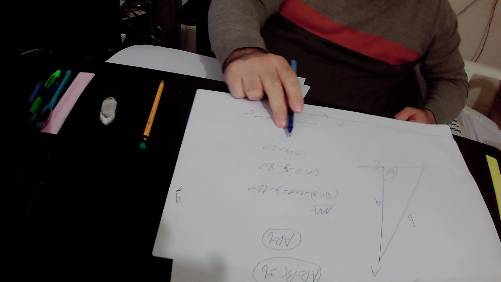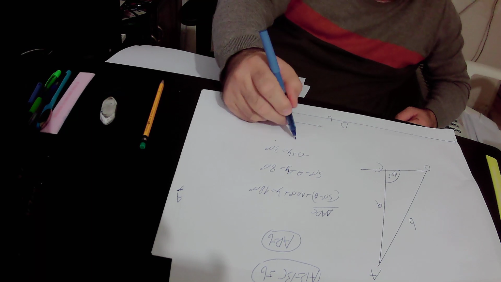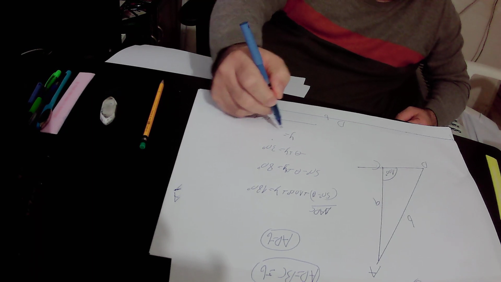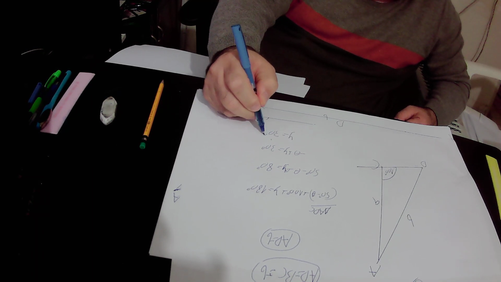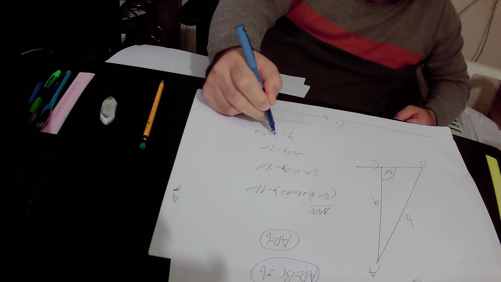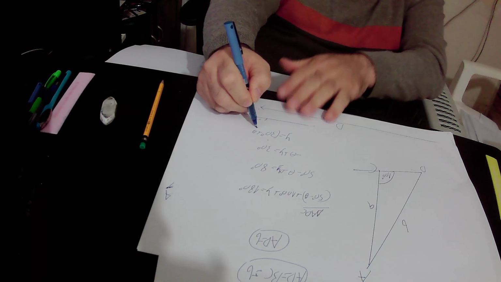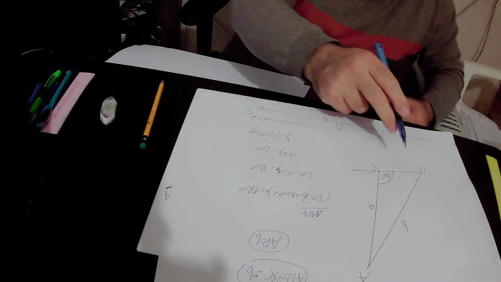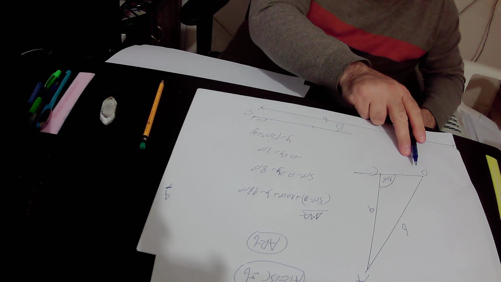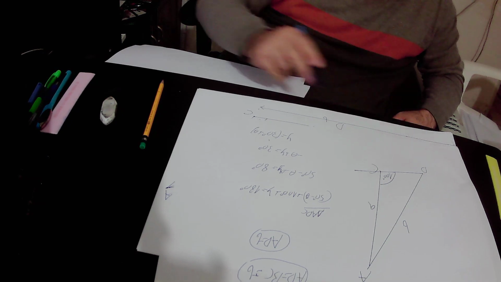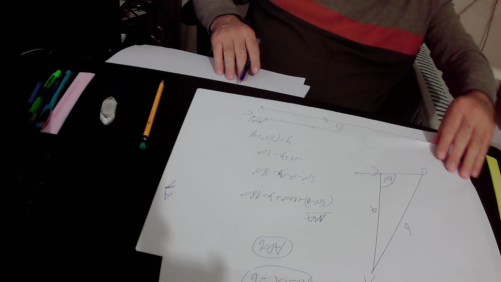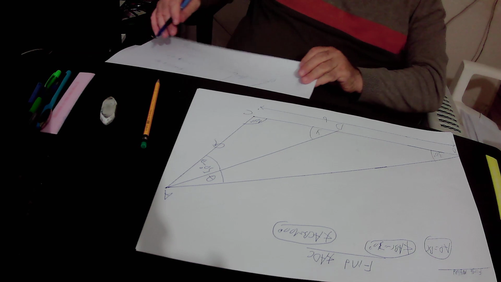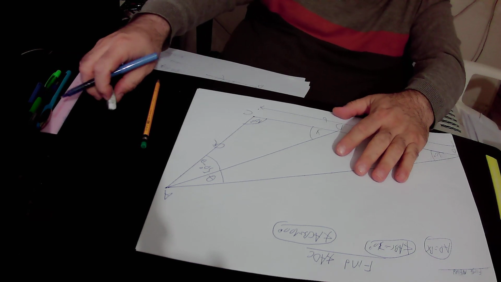And if we add angle theta to this equation, we will get that angle Y equals 30 degrees plus theta. So the angle that we are looking for, this angle that we defined as angle Y, equals 30 degrees plus theta.